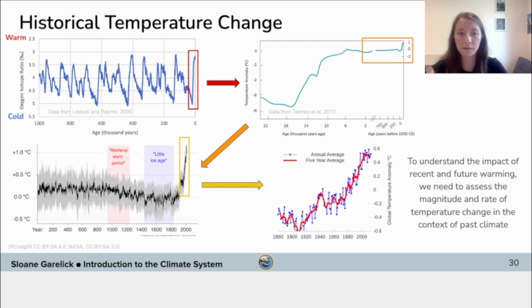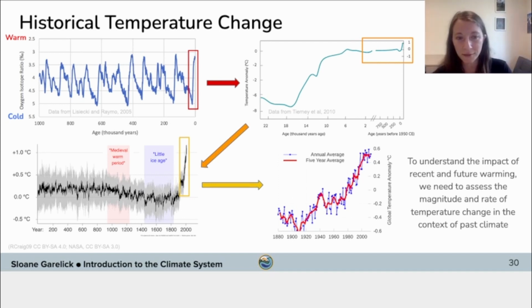Comparing this recent warming to past temperature change on longer timescales, such as we've looked at on the previous slide and this slide, can help us identify natural versus anthropogenic climate variability. In the context of natural temperature variability over the past hundreds of thousands of years, the rate of recent and future temperature change is unprecedented and poses threats to our planet.